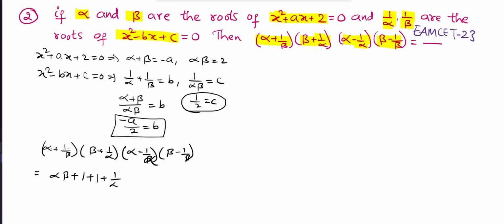This is 1 by alpha beta. Multiplying the last two: this is alpha beta, so minus alpha by beta minus beta by alpha plus 1 by alpha beta. So substituting all the values in this equation, alpha beta is 2. So that is equal to alpha beta, that is 2, plus 1 is 2, and 1 by alpha beta is 1 by 2.